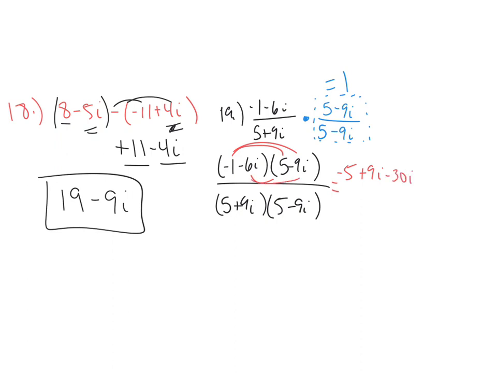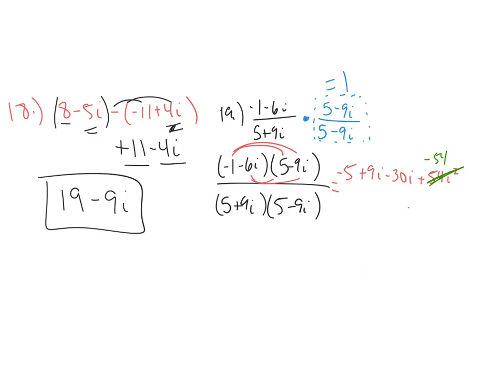And then negative 6i times negative 9i is plus 54i squared. Now if you remember from your hint page, i squared equals negative 1. So that turns 54 into negative 54.